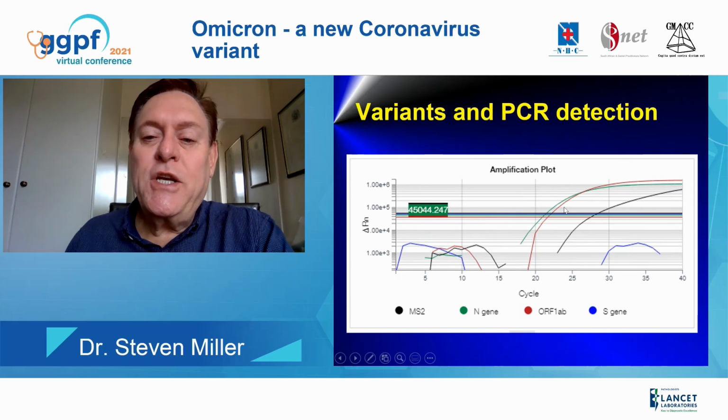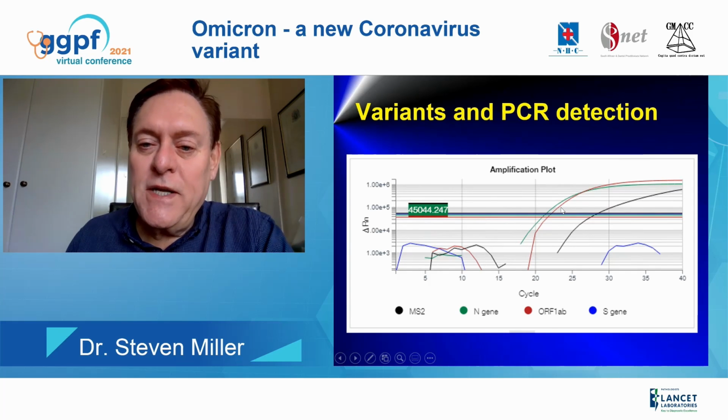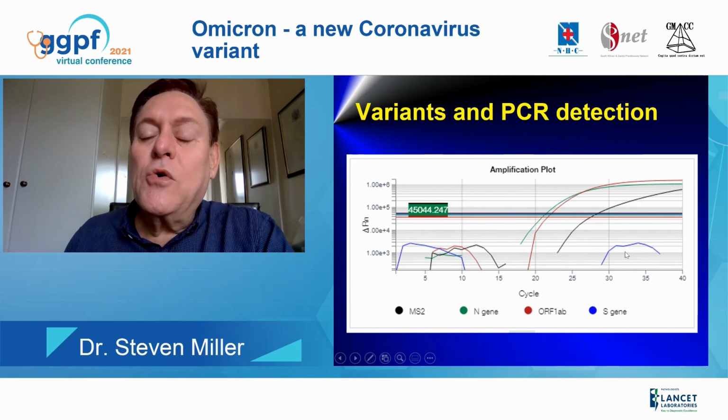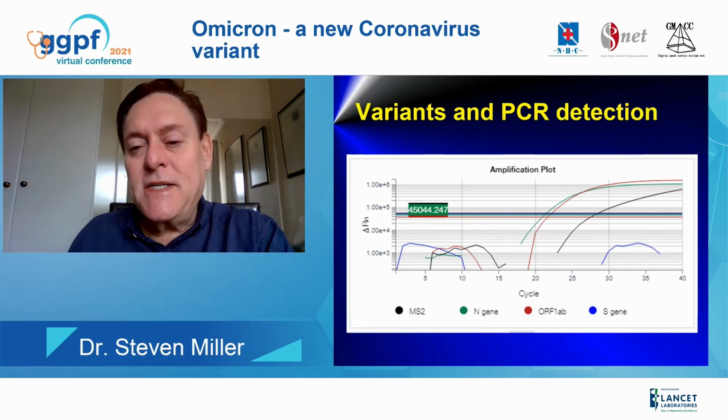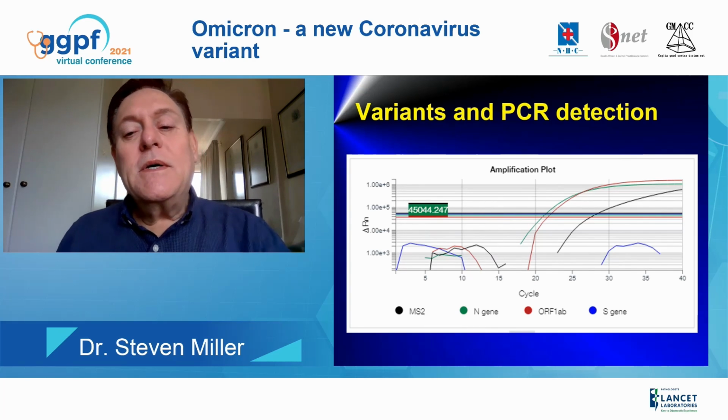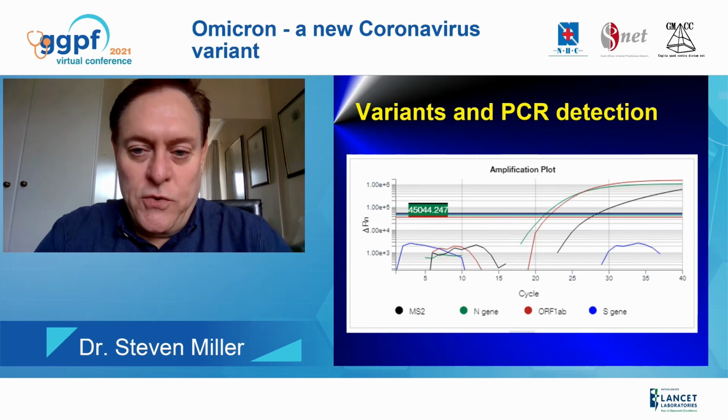We are looking at a gene here called the ORF gene, which does the same thing. But curiously, the gene called the S gene is really doing nothing, and it is not being amplified, and it is not being detected at all. So this is really unusual.